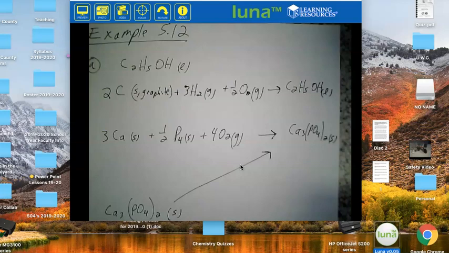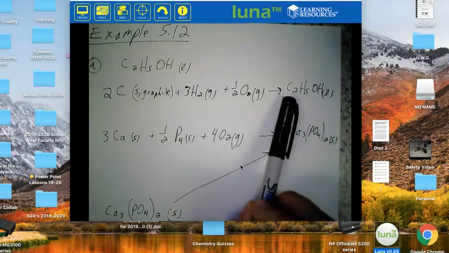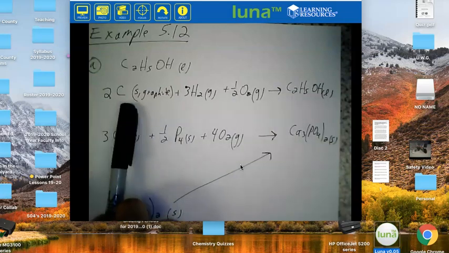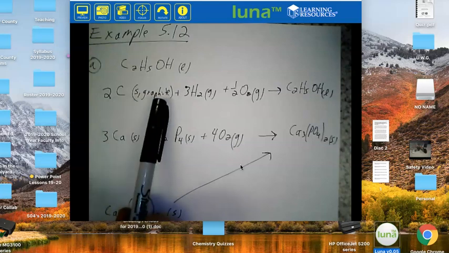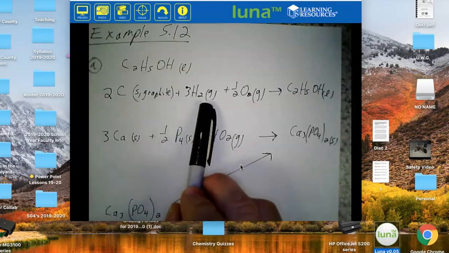Next we have to figure out how many we need of each. Here we have 2 carbon atoms, so I have 2 moles of carbon. We're starting out with carbon in its free state, which is a solid, graphite. Hydrogen in its free state, assuming room temperature, is a gas.